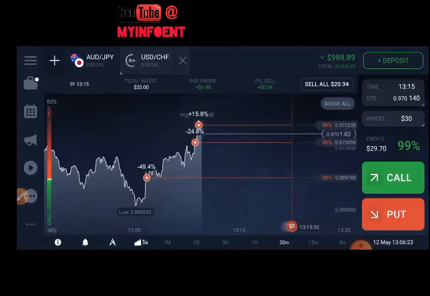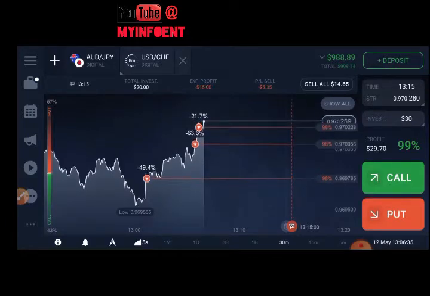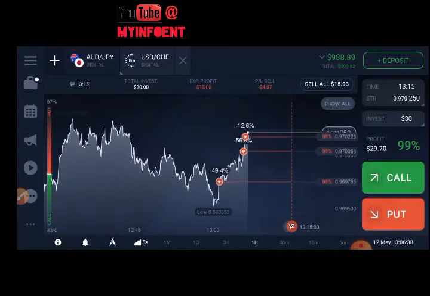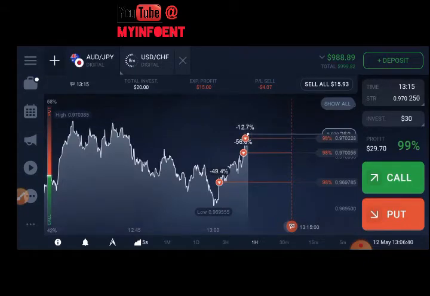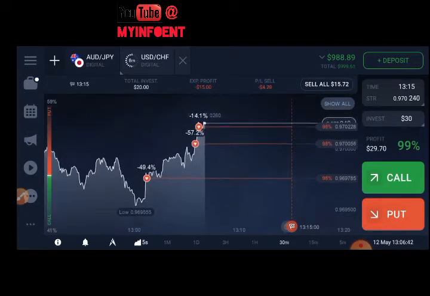I'm already seeing profit. See, this is $1, so I can decide to sell it off. Okay, it retraced, so you have to wait till it retraces properly. Okay, still going up, no problem. I'm not scared. Definitely before the expiration time it's going to come down, and I will grab the cash. You understand?